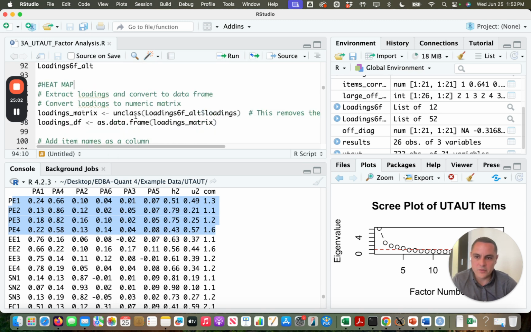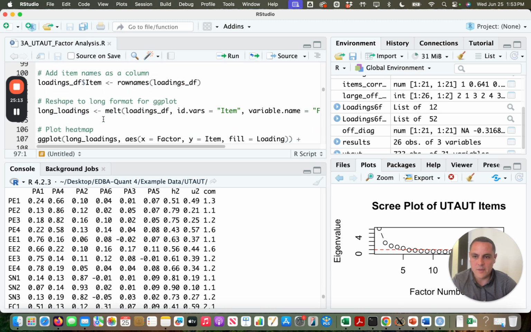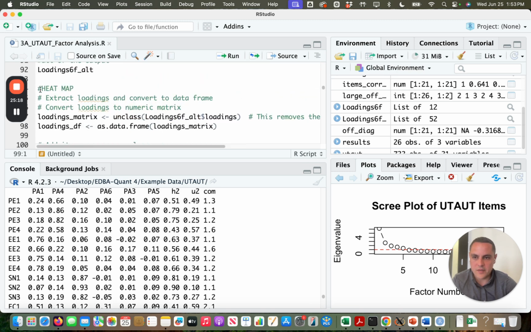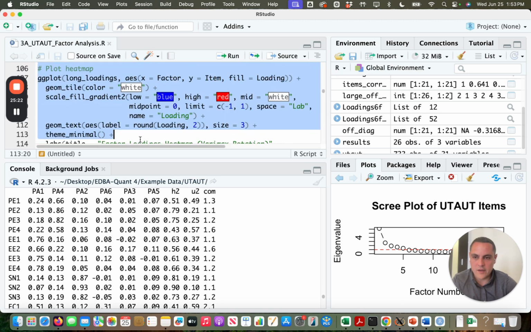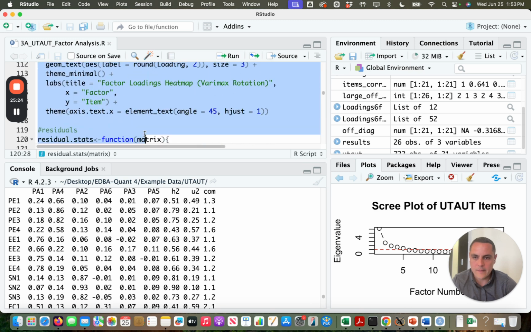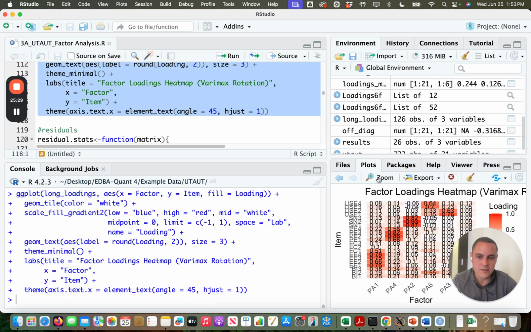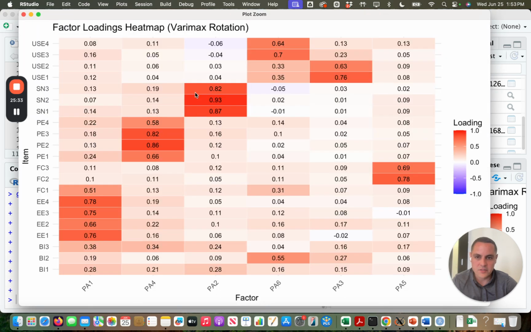The other thing we can look at, and there are elements you can look at in more depth, is creating a heat map to understand this a little bit better. So let me go ahead and create that. If I run this and take a look at that heat map, this also tells us a similar story, right?